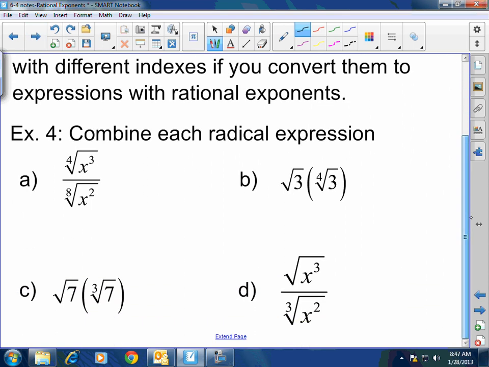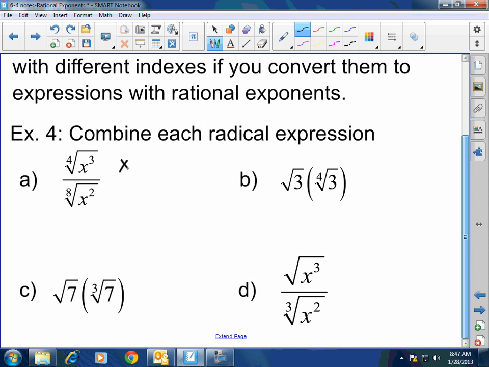For example, you cannot divide the 4th root and an 8th root. However, I can convert these to rational exponents. They'll have the same base, and now I can use my rational properties.